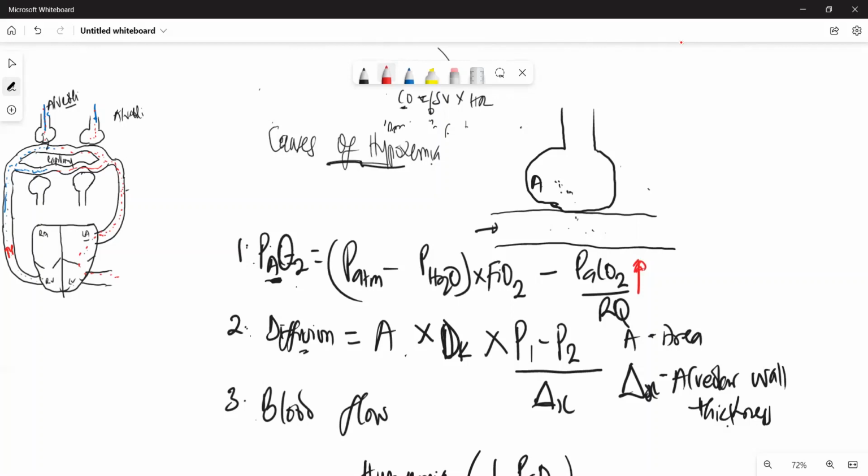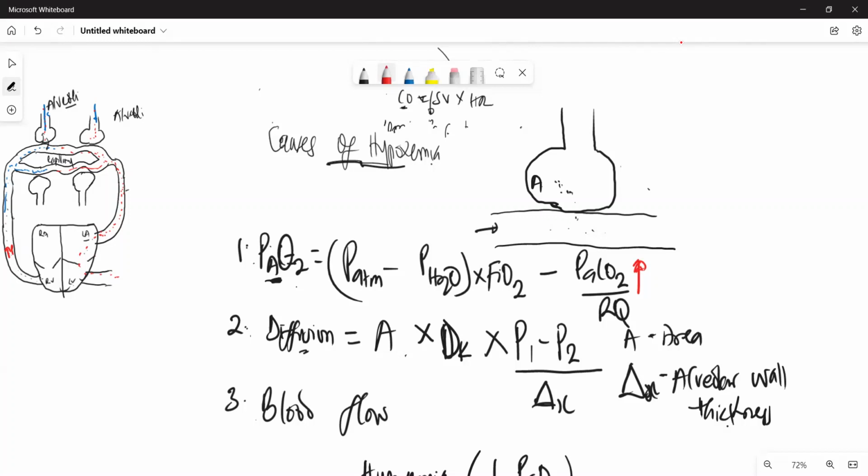If the carbon dioxide is increased, that will further decrease the result of this equation, because we need to take out more carbon dioxide from the equation, and that will decrease the oxygen in the alveolar. And that makes sense, because if there's a lot of carbon dioxide, the partial pressure of oxygen in the alveolar will decrease, because there's less space for oxygen to come in. So that would be number one.